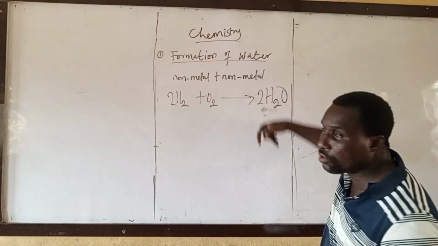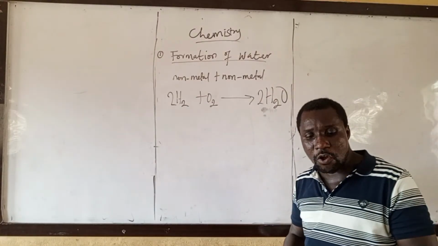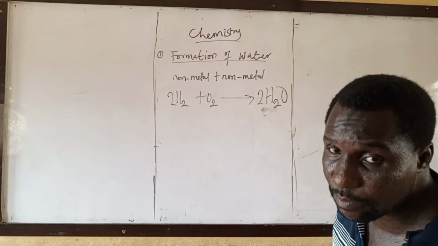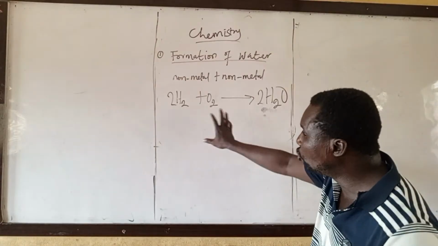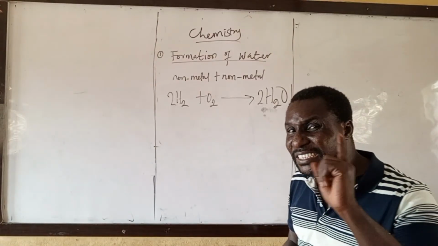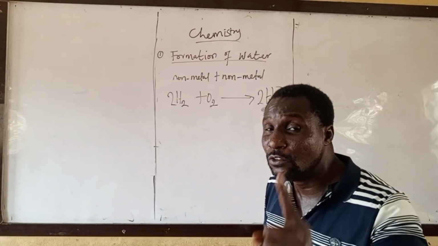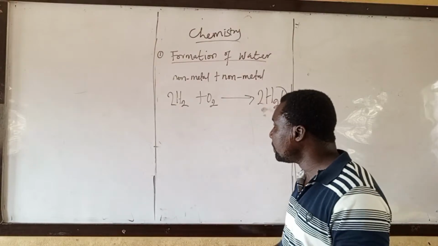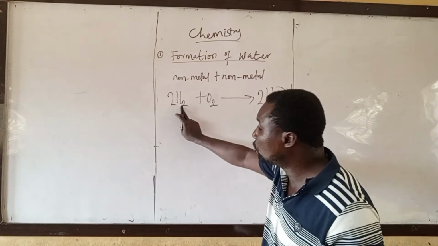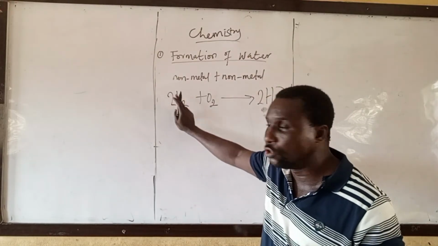In one molecule of water, the bond that occurs in it is what? Covalent bond. Let me draw the structure because I need the structure. I will use the structure to explain so many things. Take note of this. This one is 2 atoms of hydrogen.